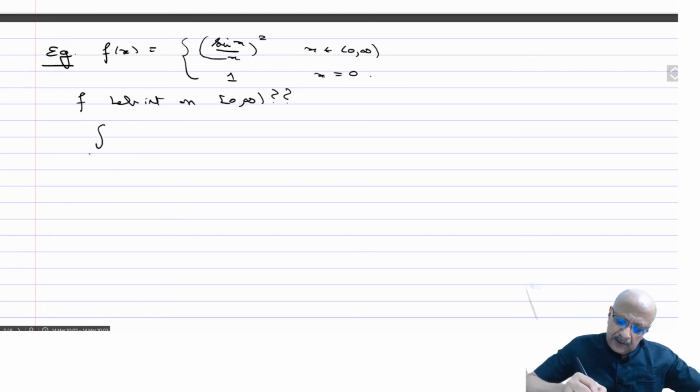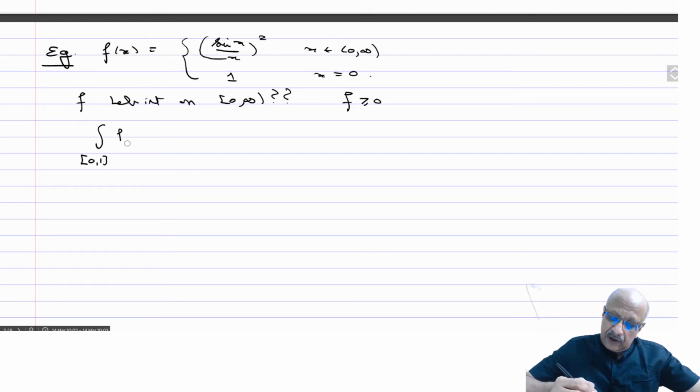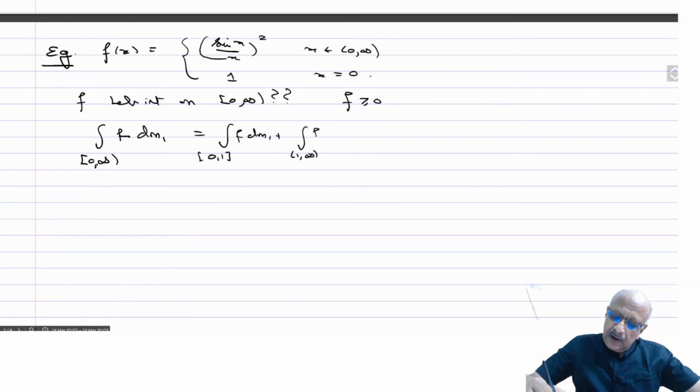Since f is non-negative, the Lebesgue integral is definitely well defined. So the integral over 0, infinity of f dm1 is nothing but the integral from 0 to 1 of f dm1 plus the integral from 1 to infinity of f dm1.